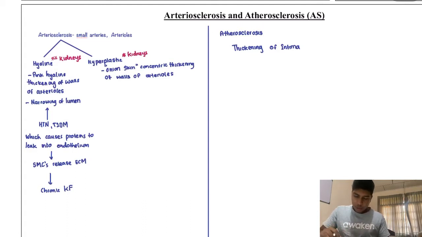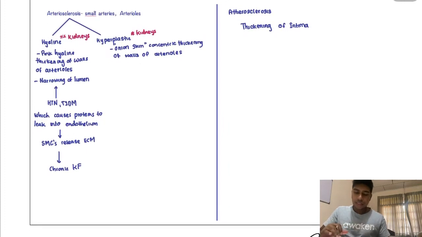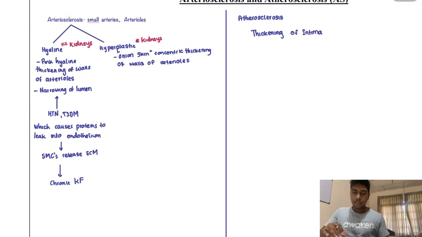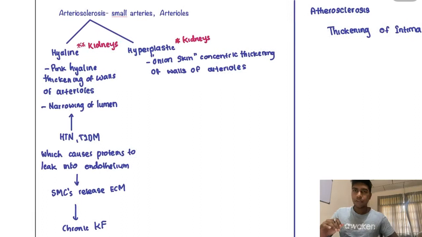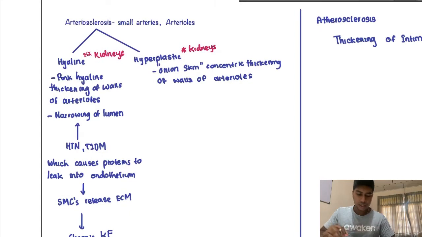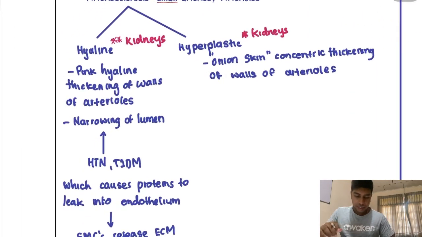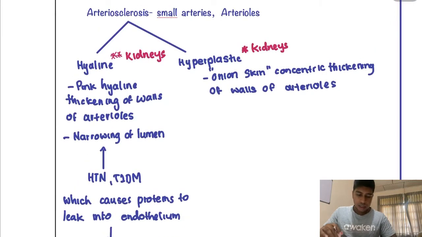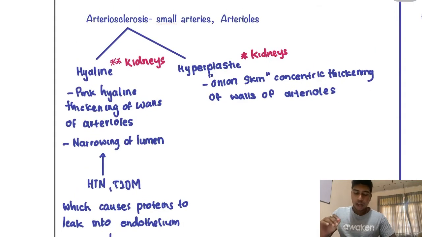Next, I'm going to talk about arteriosclerosis and atherosclerosis. Now, this is the first clinical topic we are going to talk about right now. What is arteriosclerosis? It involves small arteries or arterioles. Hardening of small arteries or arterioles.